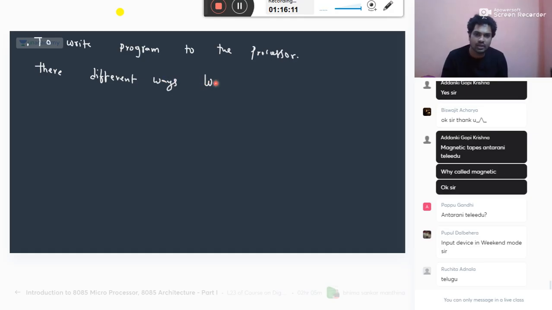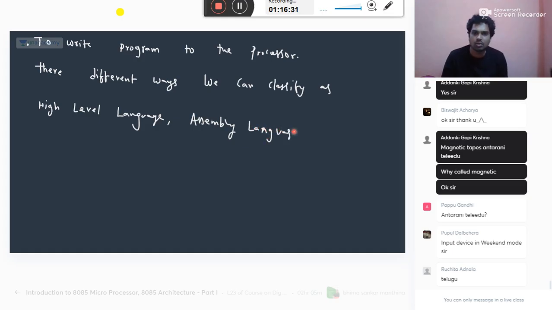We can classify as high level language, then assembly level language, and direct machine language.